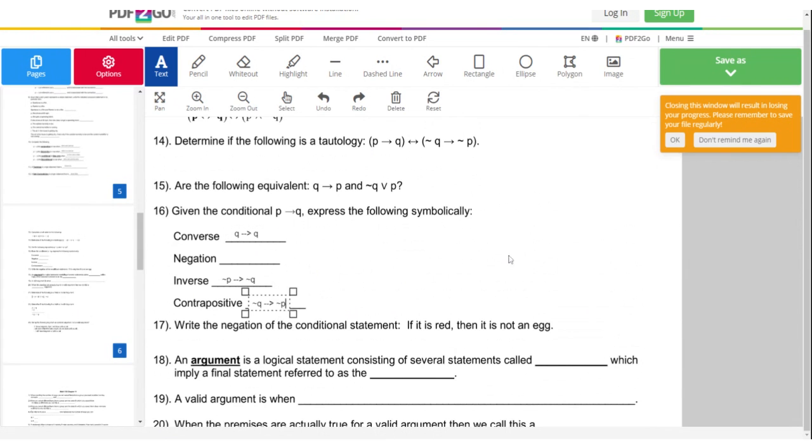All right. So the way you'd handle a negation is you just use this. Since these two things are equivalent, these are equivalent.